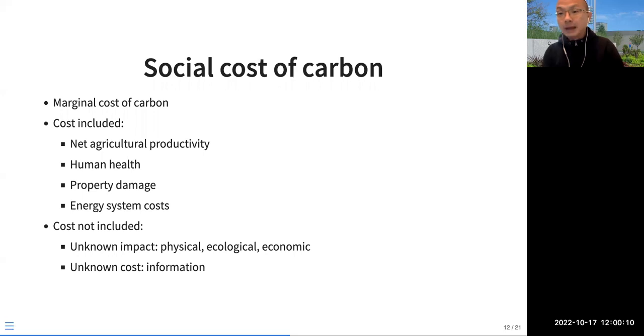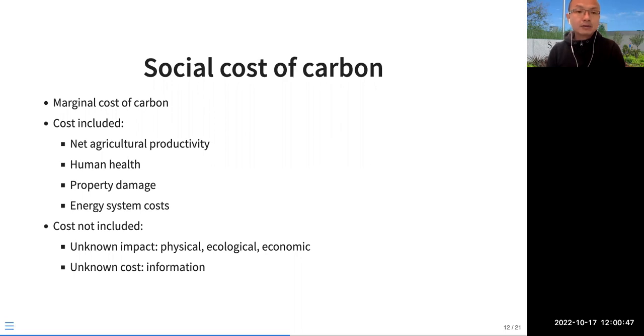So basic economics is, if we introduce a carbon tax or carbon price that equals the social cost of carbon, then we would reduce the impact. That's the optimal price for how we regulate carbon emission, which means the impact is compensated by the cost, or the carbon price.